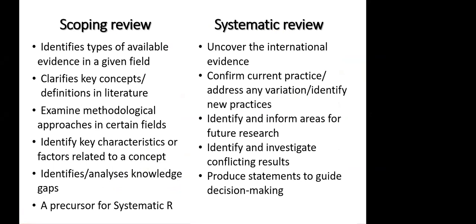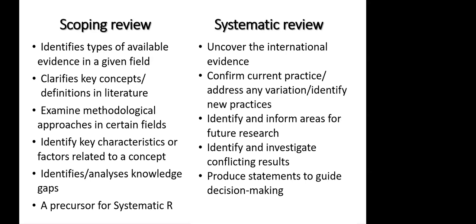But basically, the key differences are that a scoping review can be used as a precursor for a systematic review because it does investigate whatever you're trying to investigate, but the findings are often used to inform further research, whereas the findings of a systematic review can often be applied practically, if I may put it that way.